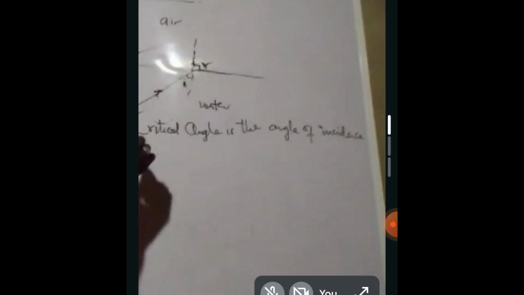So I write that the critical angle is the angle of incidence in the denser medium. Don't forget that this is water and this is air, so water is denser.